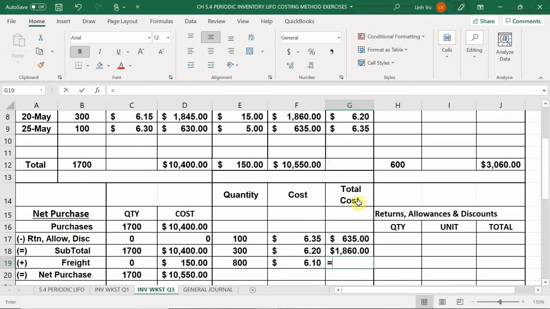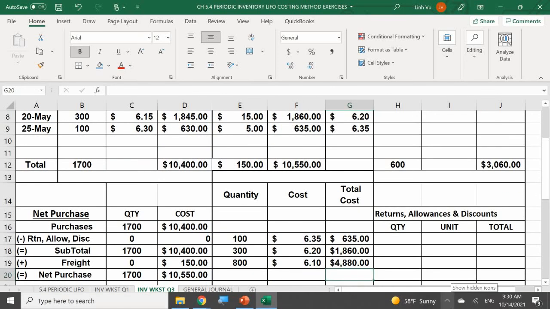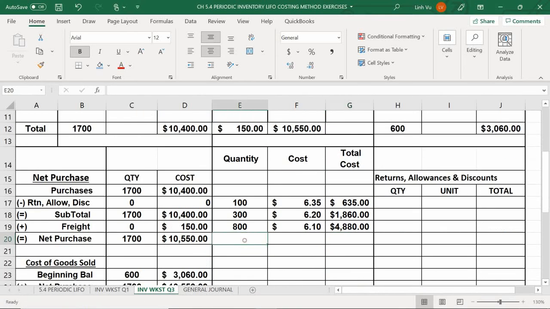$6.10 each, which we know taking out that whole entire batch is going to cost me $4,880. Okay, so now we have sold 1,200. We need to keep selling more, right? We need 700 more.